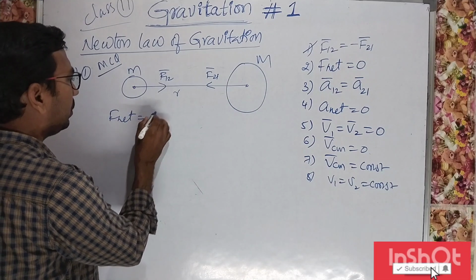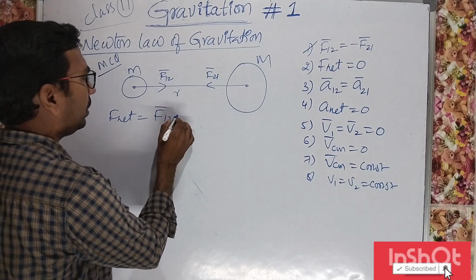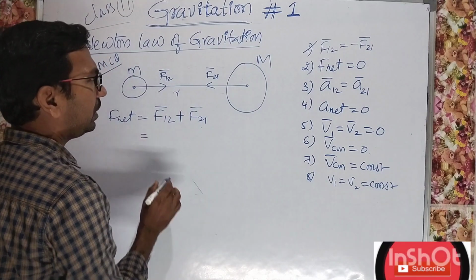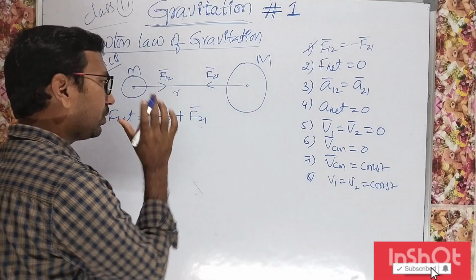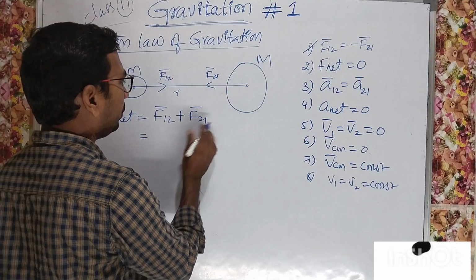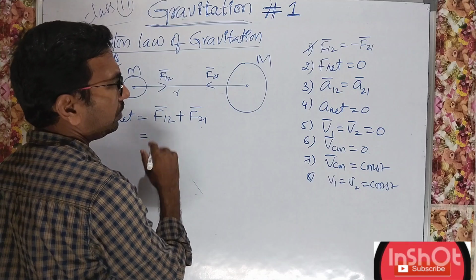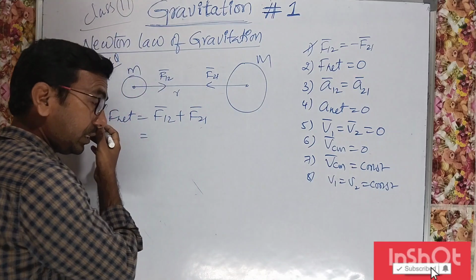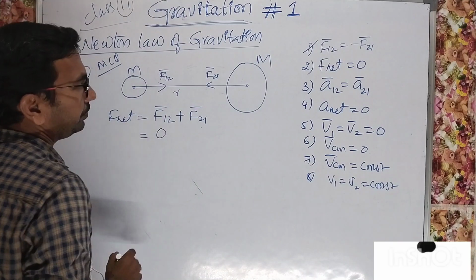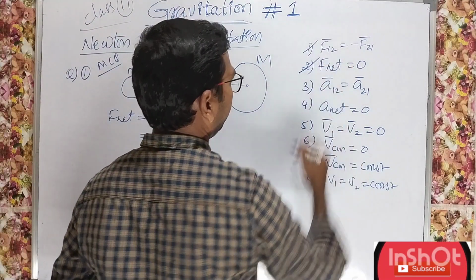F net is equal to F12 bar plus F21 bar. These forces are of equal magnitude but opposite direction, so we can write F12 is minus F21. The magnitudes of the forces are the same, so F net is equal to 0. So the second one is also right.